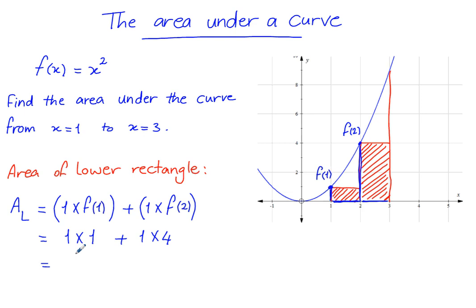So this would be 1 plus 4 equals 5 units squared. So now the estimate for the area under the curve from 1 to 3 is approximately 5 units squared.